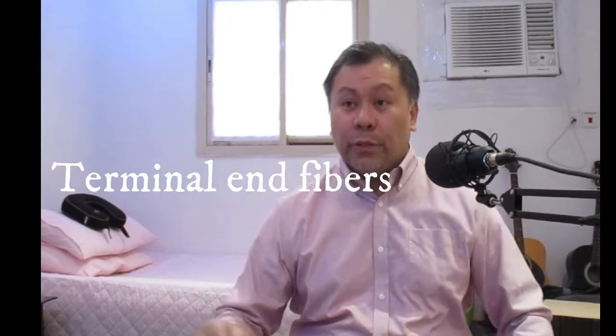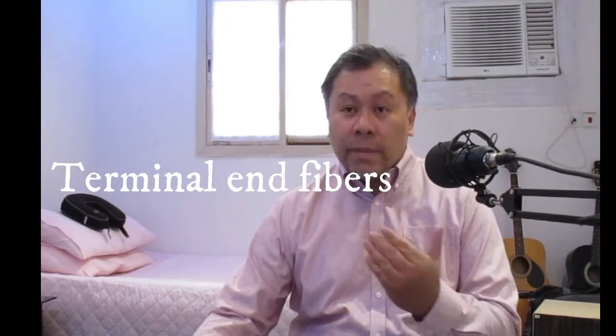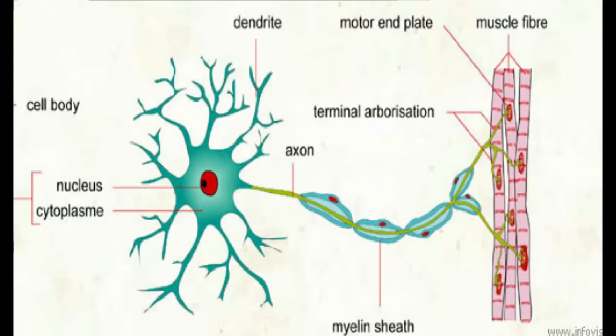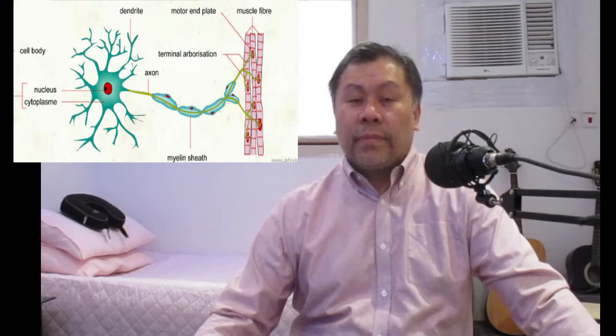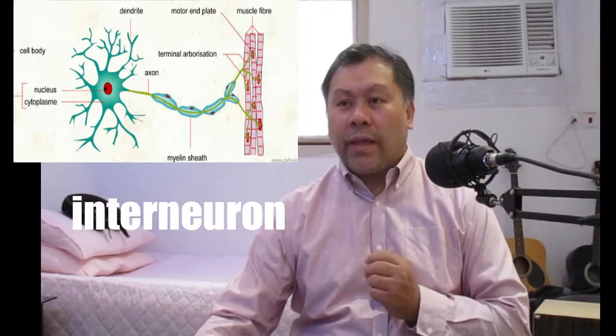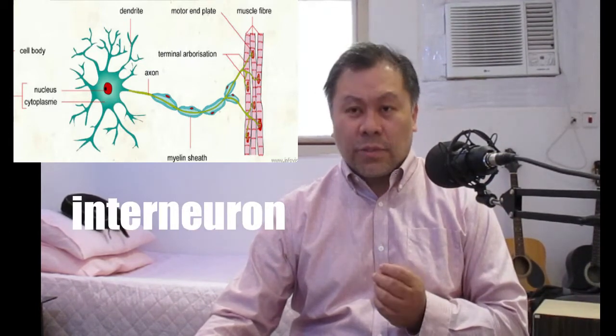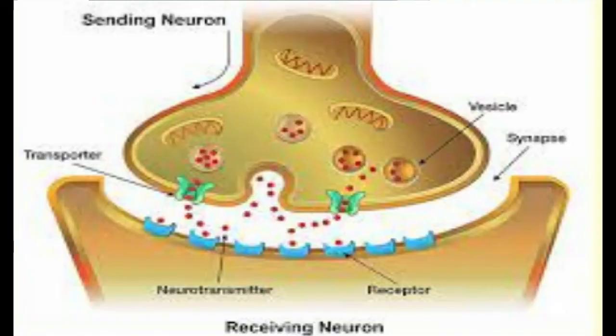This will transmit impulses leaving the neurons across a synapse to the next neuron. While we have the interneuron, its purpose is to carry sensory information. These are chemical messengers that transmit signals from a neuron to a target cell across a synapse. We call those the neurotransmitters.